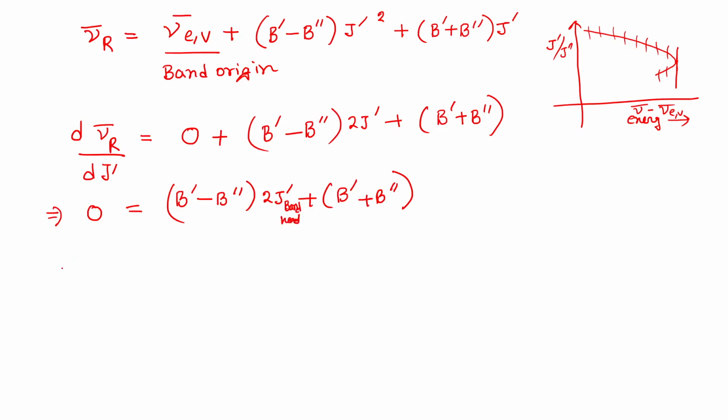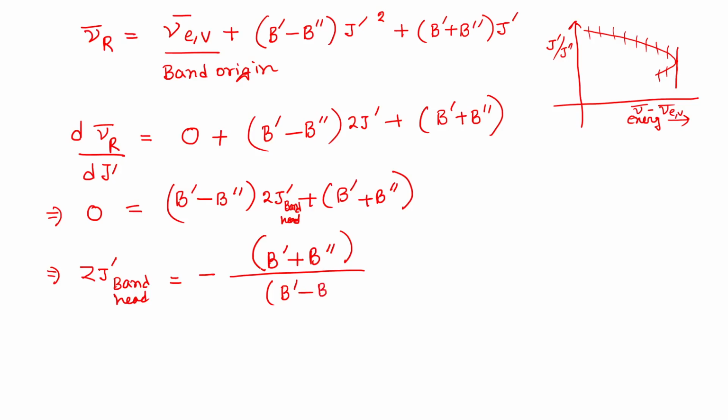So your 2J band head is actually your B prime minus B double prime divided by, you have to take a minus, then B dash minus B double dash.